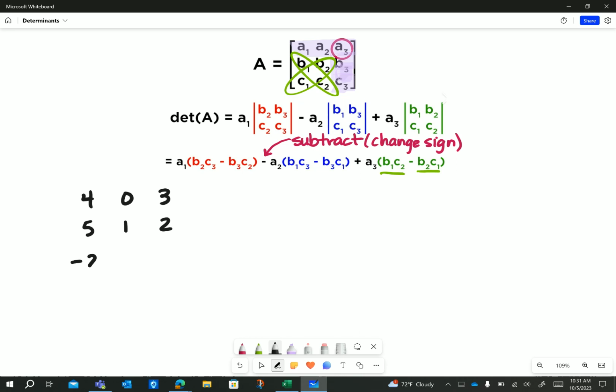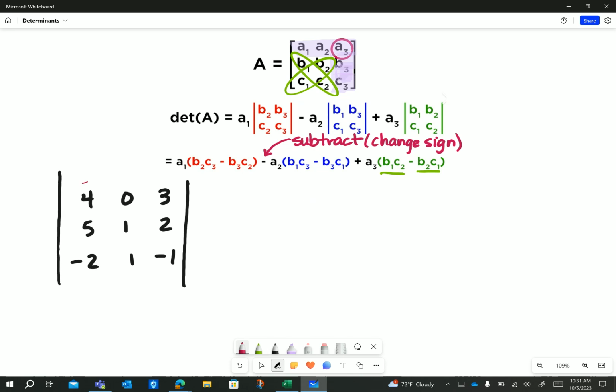And when you see those straight bars, it's implying to go find the determinant. This bar was given to us, and this bar is given to us. So they're saying, go find the determinant.